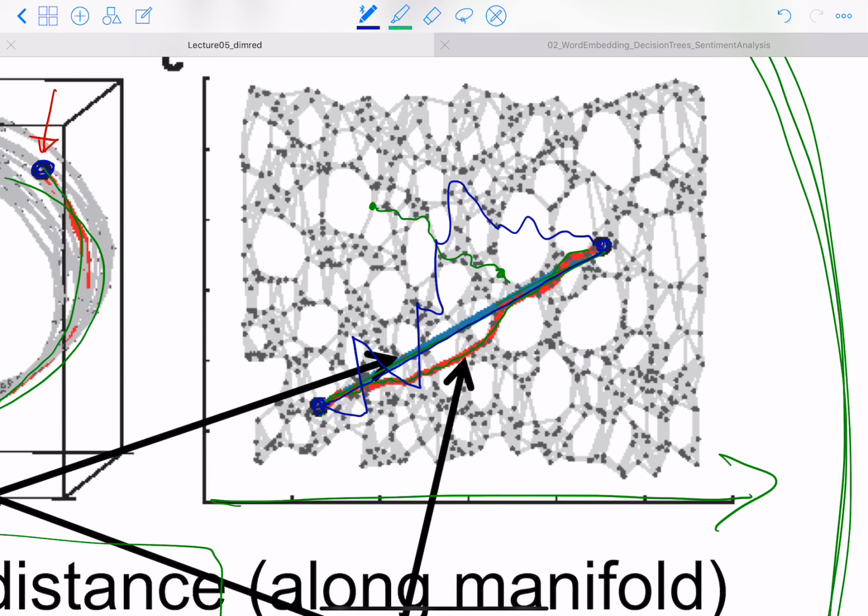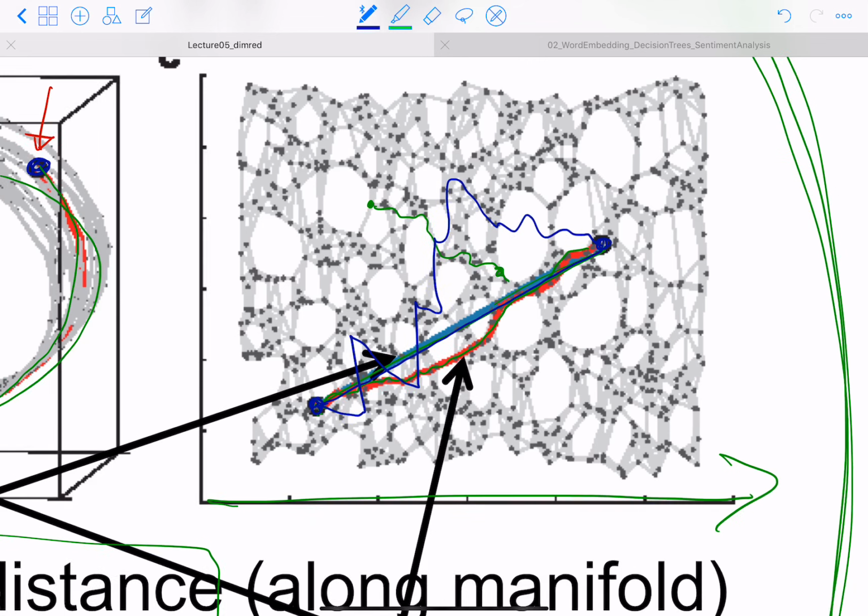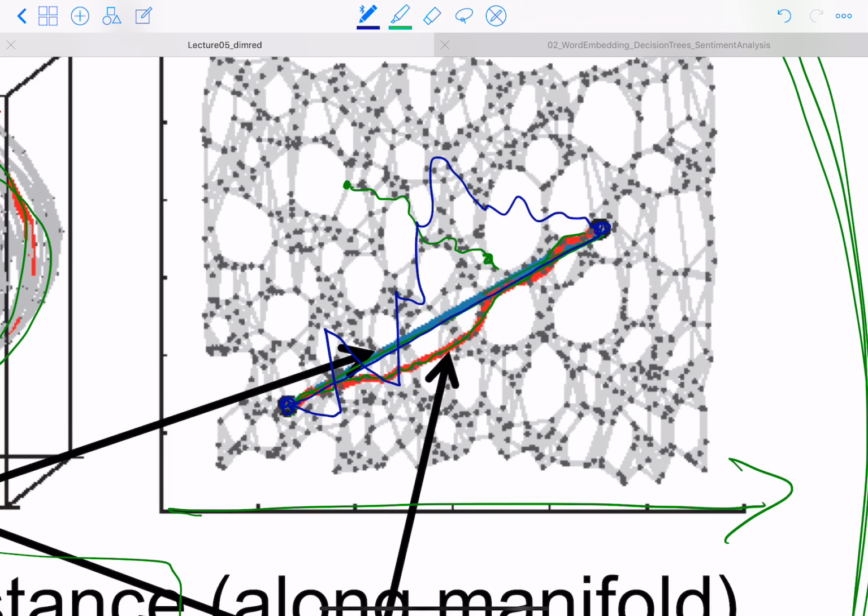So this geodesic distance will be approximated, but it will be much noisier. More exactly, it will be overestimated, due to this overly sparse graph representation, right?